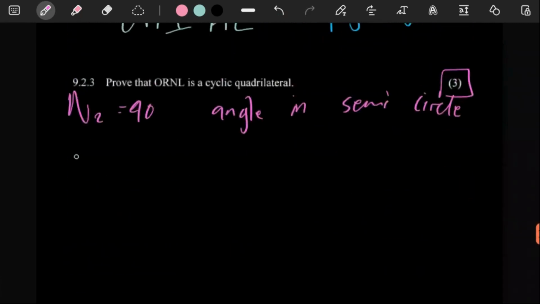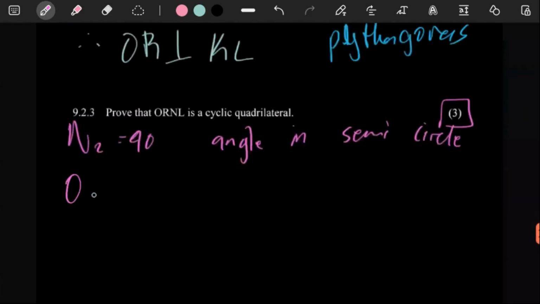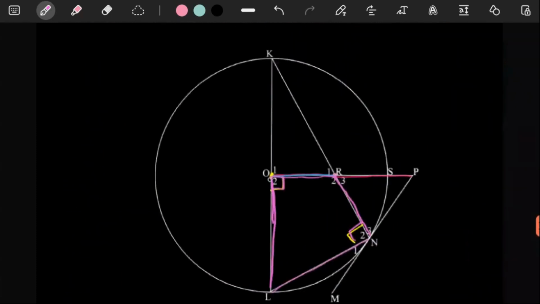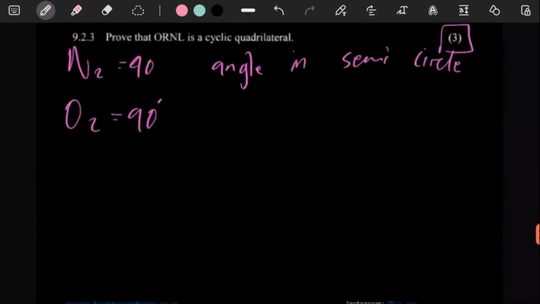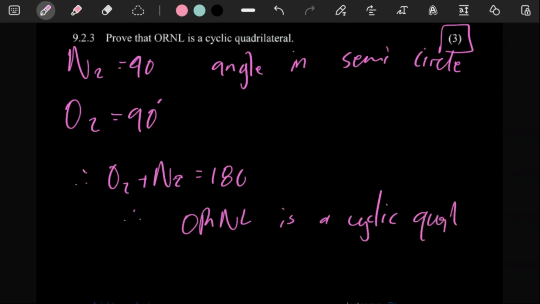What do we also know? We know that O2 is 90 degrees. We have proven that when we proved that these two lines are perpendicular to each other. So here we can say, therefore, O2 plus N2 is 180 degrees. Therefore, OR and L is a cyclic quadrilateral, because opposite angles are supplementary.